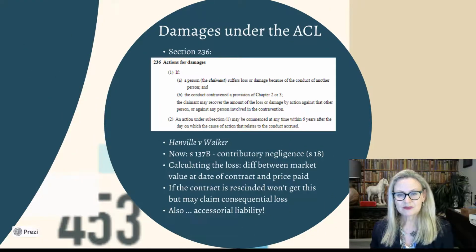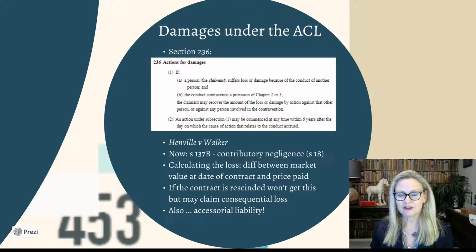If the contract is rescinded, then you're not going to get that measure of loss because you've gotten yourself out of the contract that was causing your woes, but you may in fact still claim consequential losses. Also, you need to be aware that if you're acting for a plaintiff, you can claim accessorial liability against other parties that might have been involved in the contravention of Section 18.